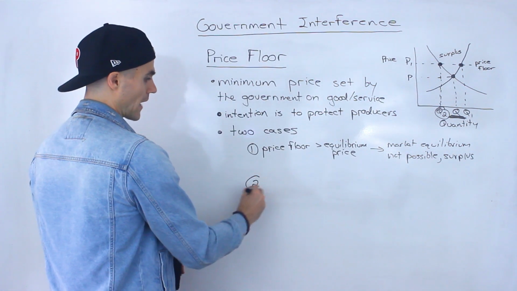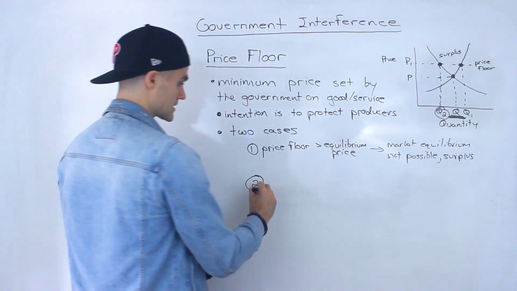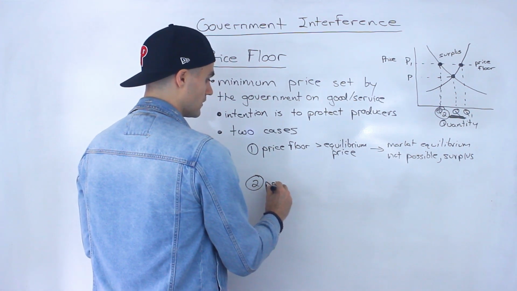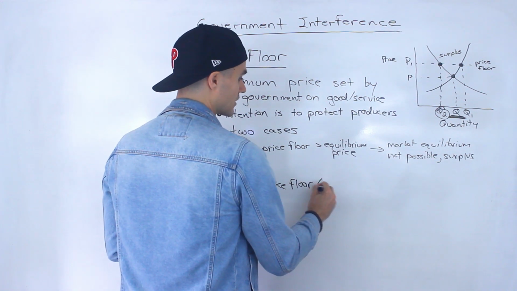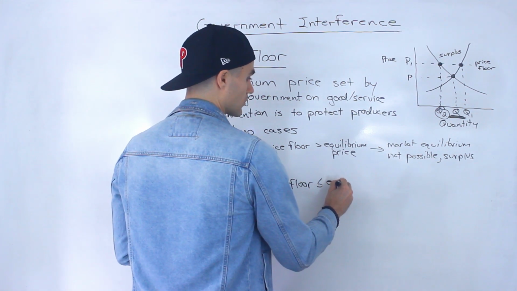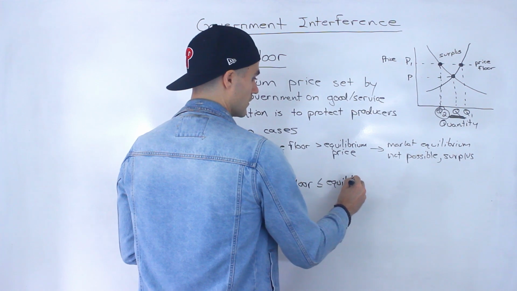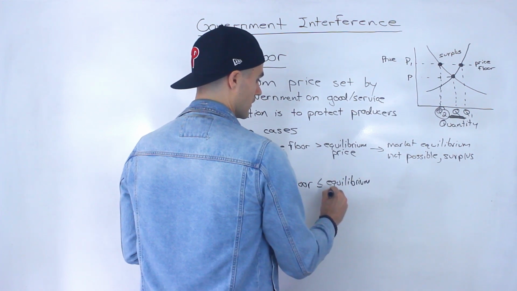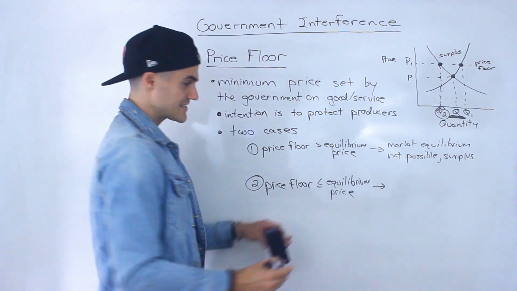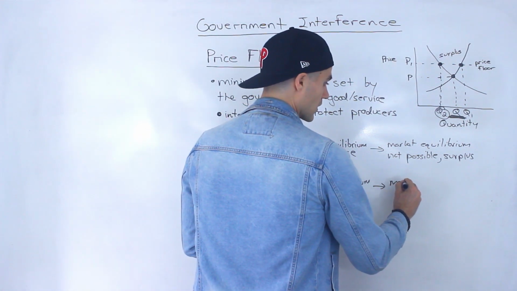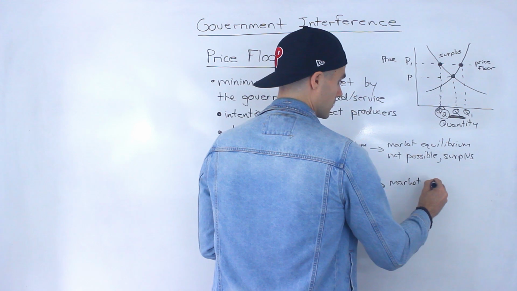However, what can also happen, and we didn't really discuss this case, is that the price floor can be less than or equal to the equilibrium price. And if you think about it, if this happens, then market equilibrium is possible.